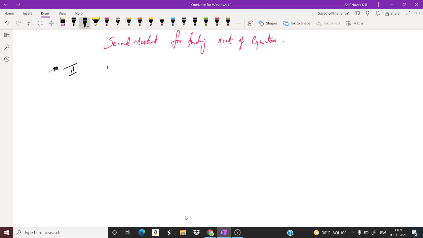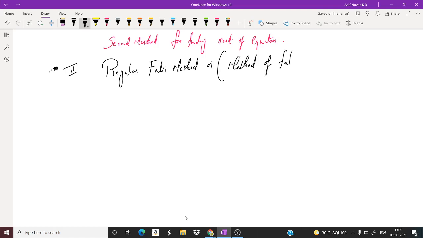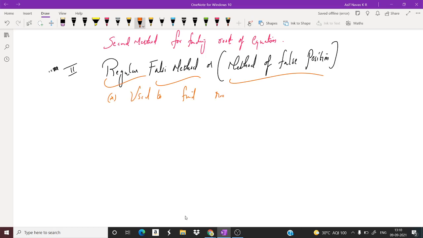It's called the regula falsi method, or method of false position. I will explain what this method is. This method is used to find root of equation. So I will explain how to do this.